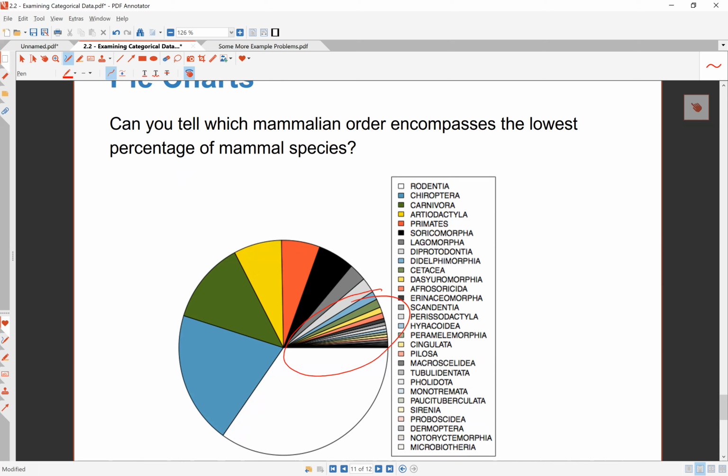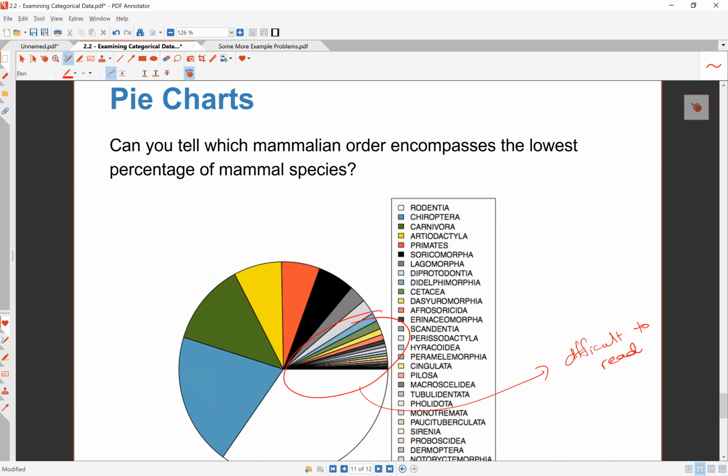This section of the pie chart, it's really difficult to see which slices represent which categories and really how big they are. The context of the example here is not that important. What's important is you can see some of the information on the pie chart is clearly visible. Other parts of the information, very difficult to see.